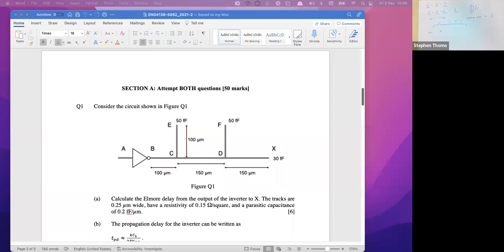It says the tracks are 0.25 microns wide and 100 microns long. So resistance is going to be 100 microns long divided by the width, multiplied by the ohms per square. So that's the number of squares and that's the resistance per square.